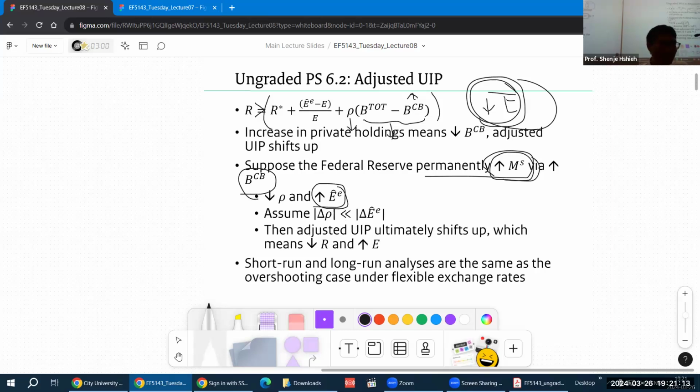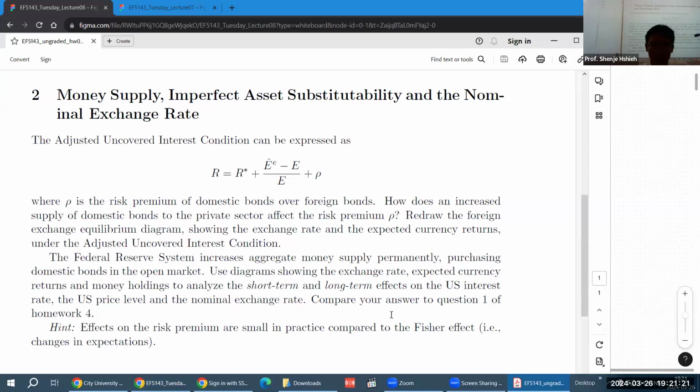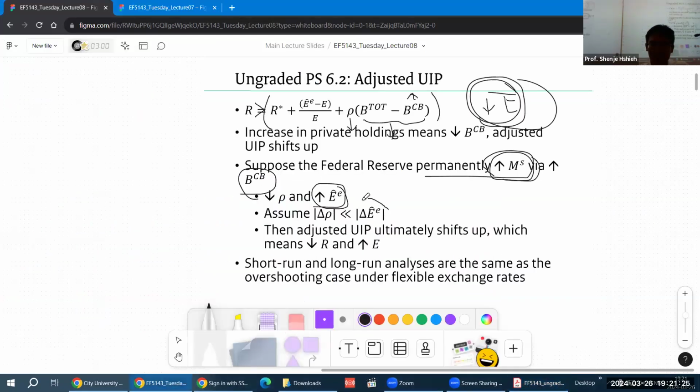And what we're basically saying here is, to make any sort of conclusions, we have to make some sort of assumption about how large the change in E hat E is relative to the rho effect, right?